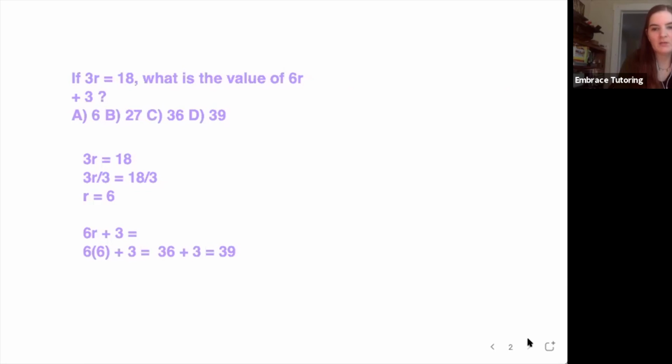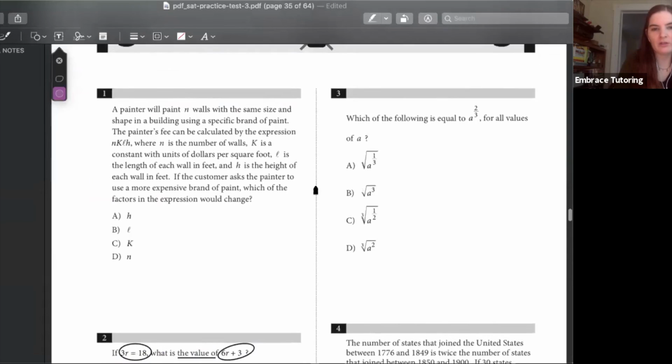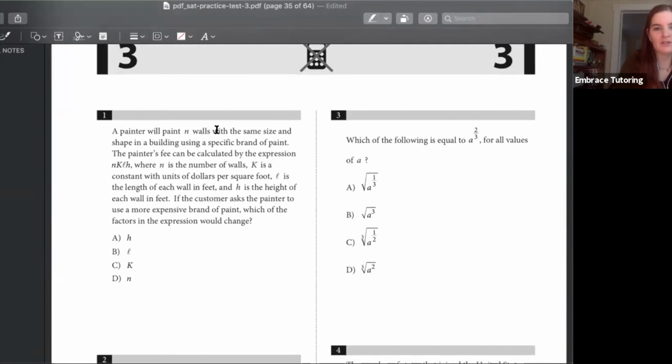Continuing with that, if you were to look here, we would do annotations identifying key ideas that we might want to take away. A painter will paint n walls with the same size and shape in a building using a specific brand of paint. Okay, so we have n walls, same size and shape.